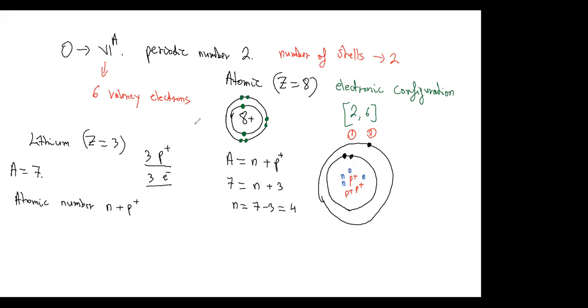So when we write the symbols showing this information, we can simply write for lithium like this: Li 3 7. This is the square that shows the atomic element of lithium. The number 3 shows the atomic number, which we are going to write as a symbol, and number 7 is for atomic mass, like A.